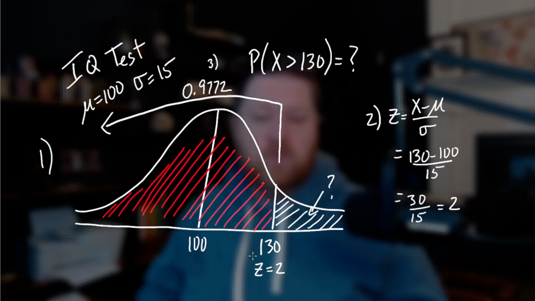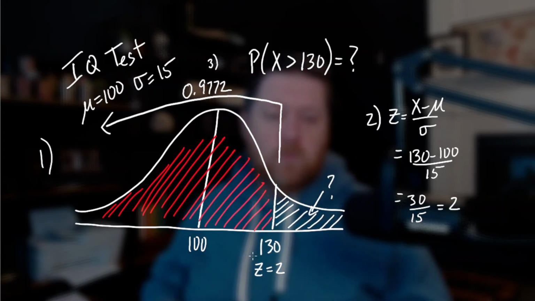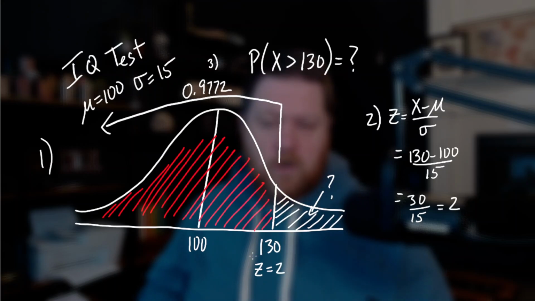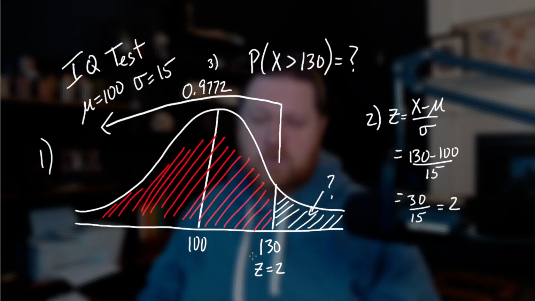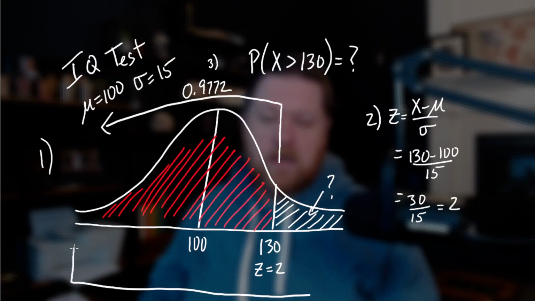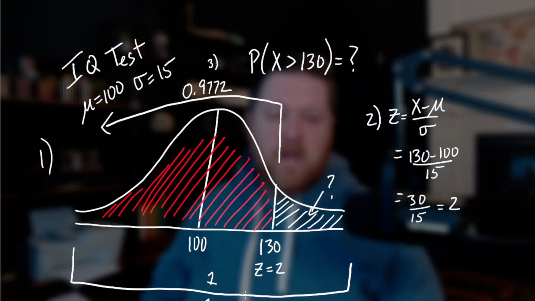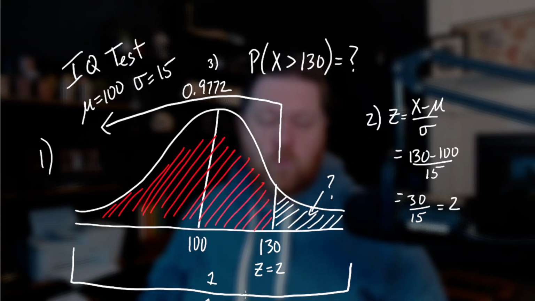We found the area to the left of 130, and what we really need is the area to the right of 130. Okay? So to do that, what we have to remember is that the area of the whole thing is 1. The area of the whole thing is 1.